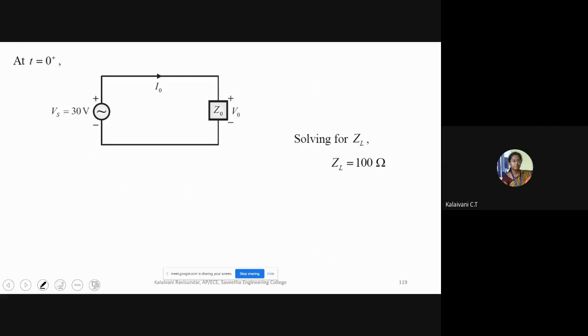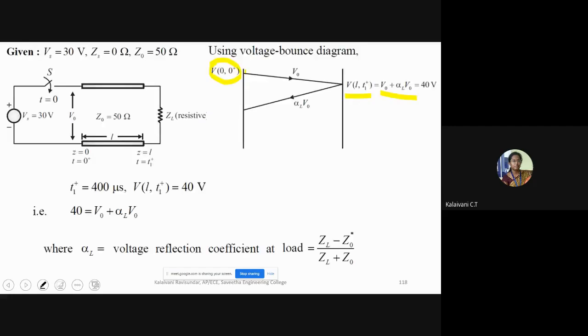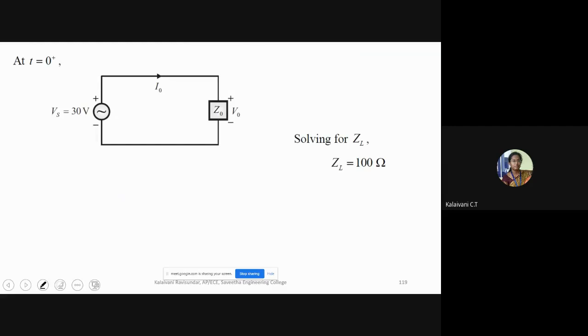Now at time is equal to 0, it is very simple. At time is equal to 0, we don't have any transmission line effect. Output is V0. So V0 is equal to Vs, which is 30 volts.